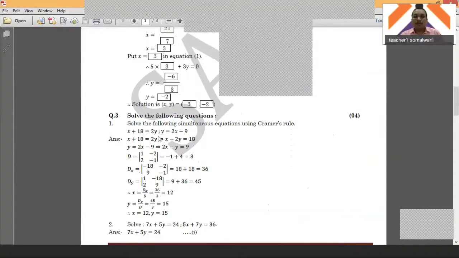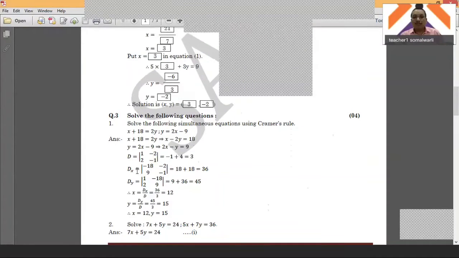If I write both the equations, I will get x minus 2y is equal to 18 and 2x minus y is equal to 9. So that gives us determinant D: 1, minus 2, 2, minus 1. If I do simplification of this, minus 1 plus 4, minus 1 becomes plus, is equal to 3.